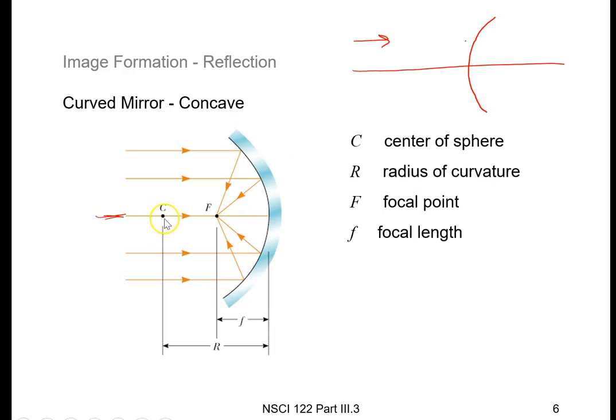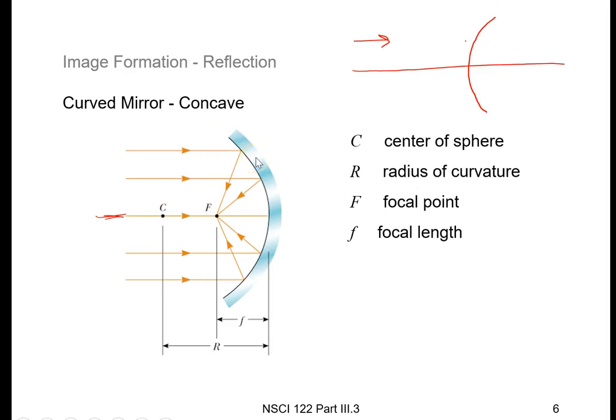This point right here, the big C, is the center of the circle, or in 3 dimensions, the center of the sphere. The radius of curvature is just the radius of that circle or sphere, and it determines the focal point.